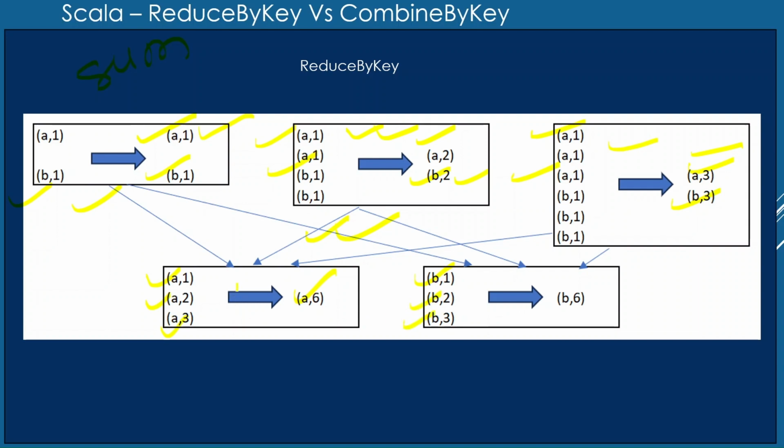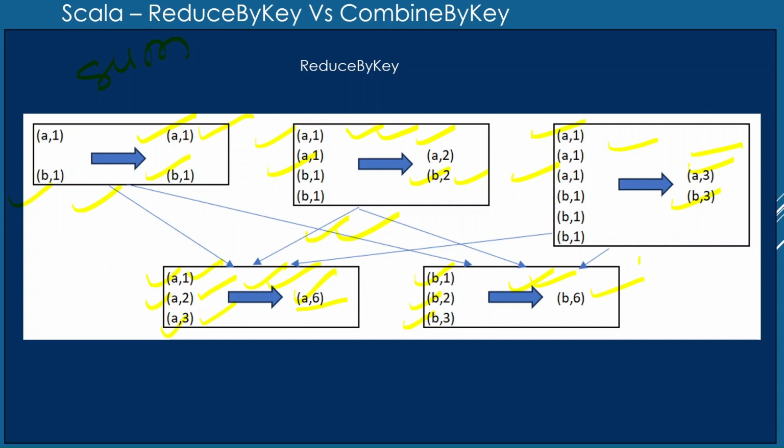Once the data comes into this partition, again the aggregation function is applied for this partition, and again the aggregated function is applied over this partition. So sum is there, and the aggregated value is like this. A is equal to 6 because here the value is 1, here the value is 2, here the value is 3. That's why A is equal to 6. Same for B is equal to 6.